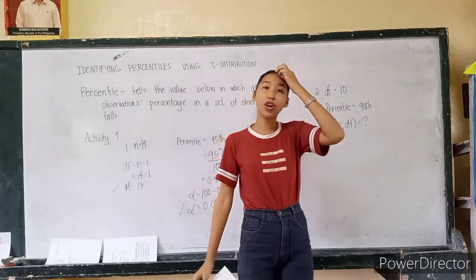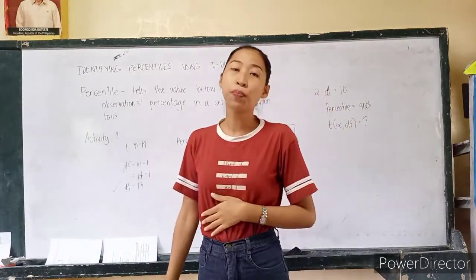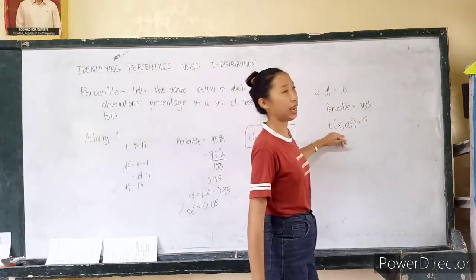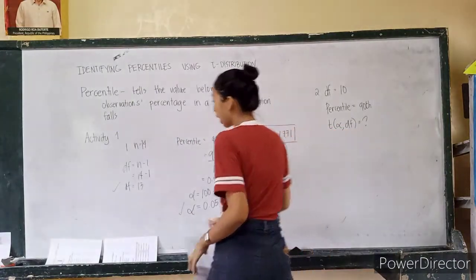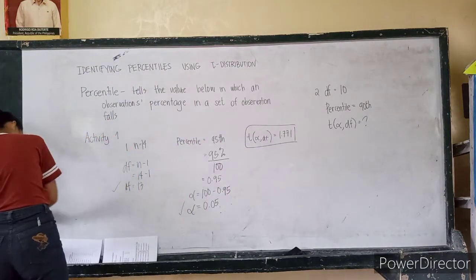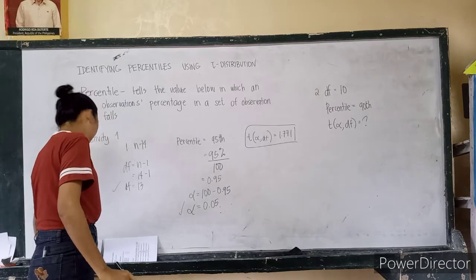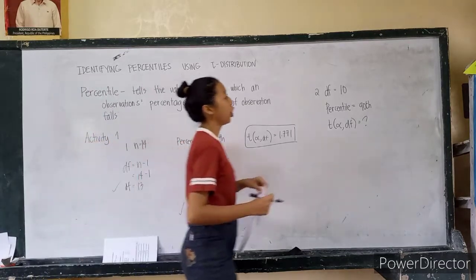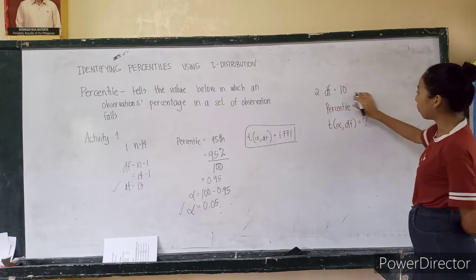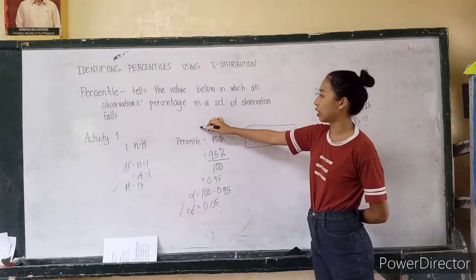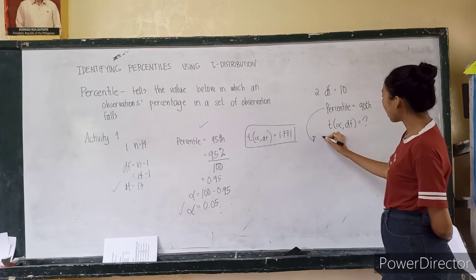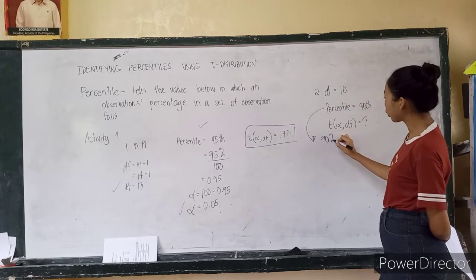Lastly, we are looking for our t-value. So in example number 2, we no longer need to subtract to get df because df is already given. We just do what we did earlier. 90th means 90%.